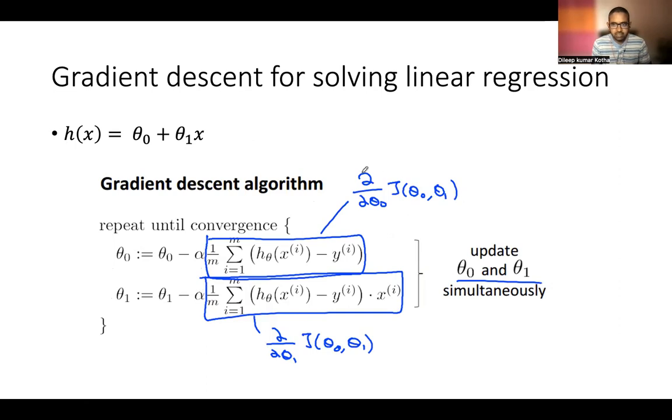And if we derive the partial derivative with respect to that parameter, we get equations like this. And we can see one commonality here where we are multiplying this part with the variable xi. This corresponds to the feature.